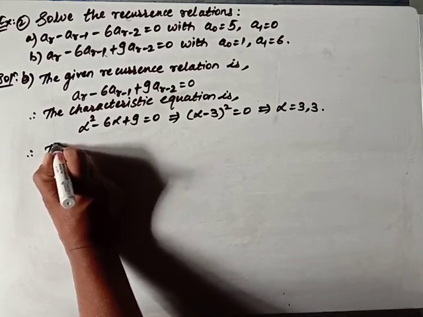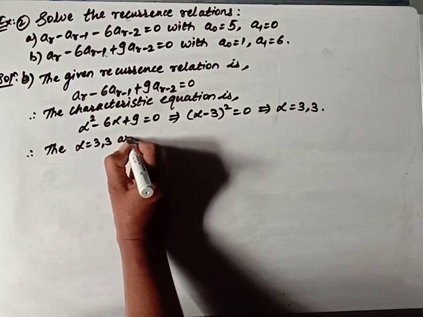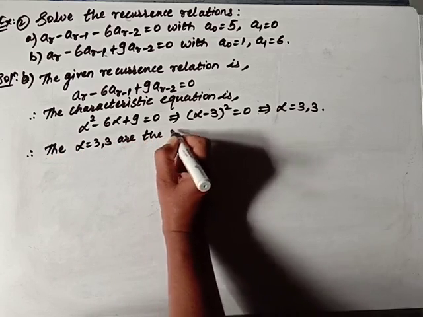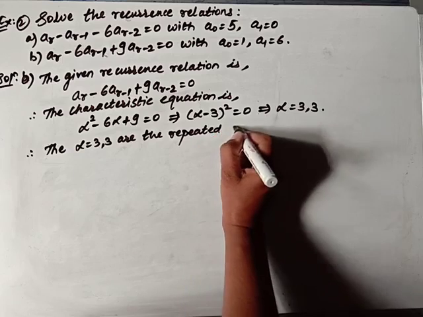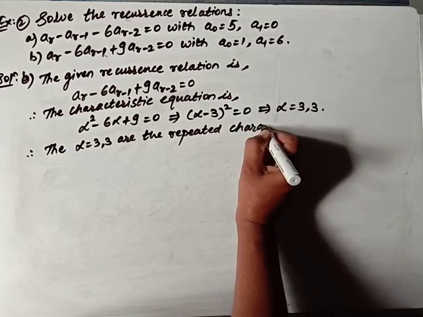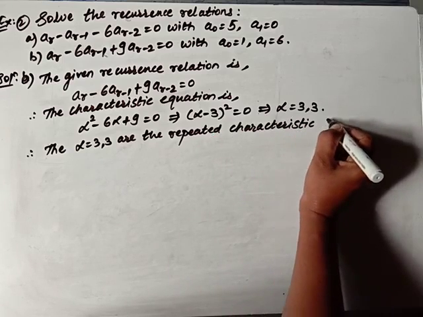Therefore, alpha equal to 3, 3 are the repeated characteristic roots.